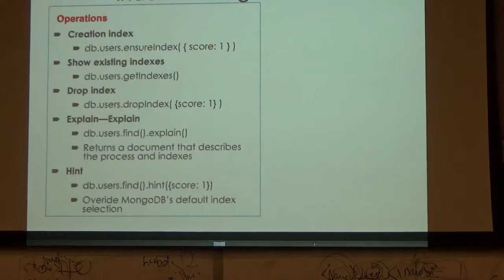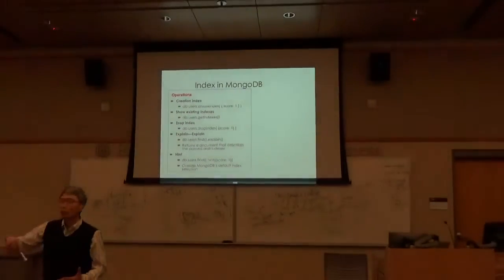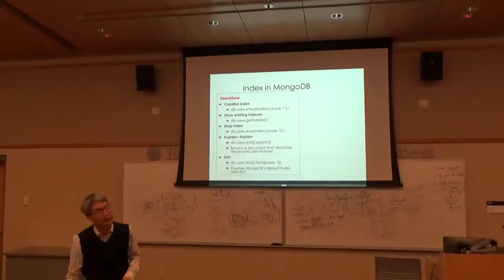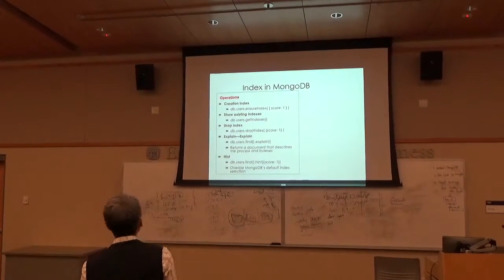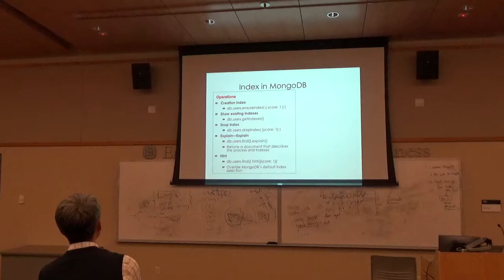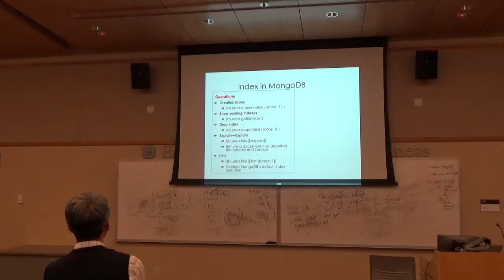Explain shows the output of the query optimizer, which is how to access the data, the plan. So if you want to see how to access the data, you can use explain.